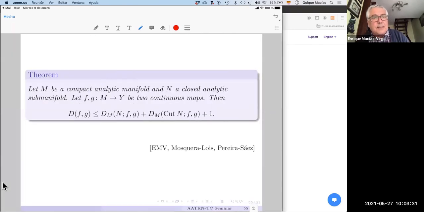If you have a compact analytic manifold M and N a closed analytic submanifold, and you have two continuous maps F and G on M, then the distance between F and G is bounded by the sum of the relative distances on the manifold and on the cut locus.